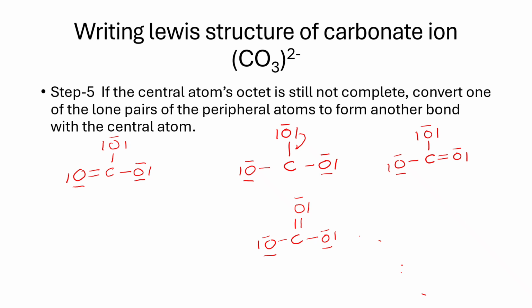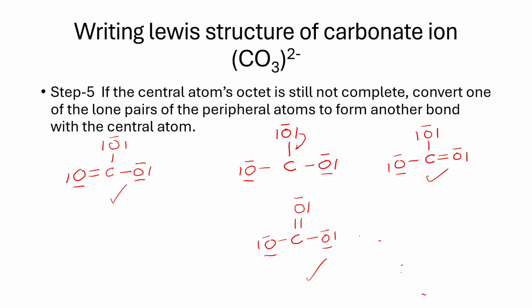Okay, so all of these structures, as you can see, are virtually identical, but each of them actually uses a different peripheral oxygen atom to make the second bond with the central carbon atom. But these are our Lewis structures. These three structures that we deduced are our Lewis structures.